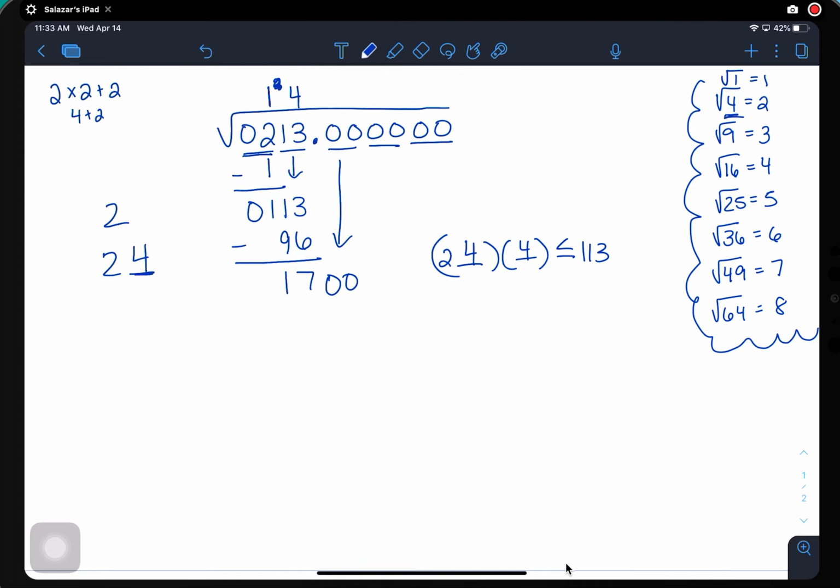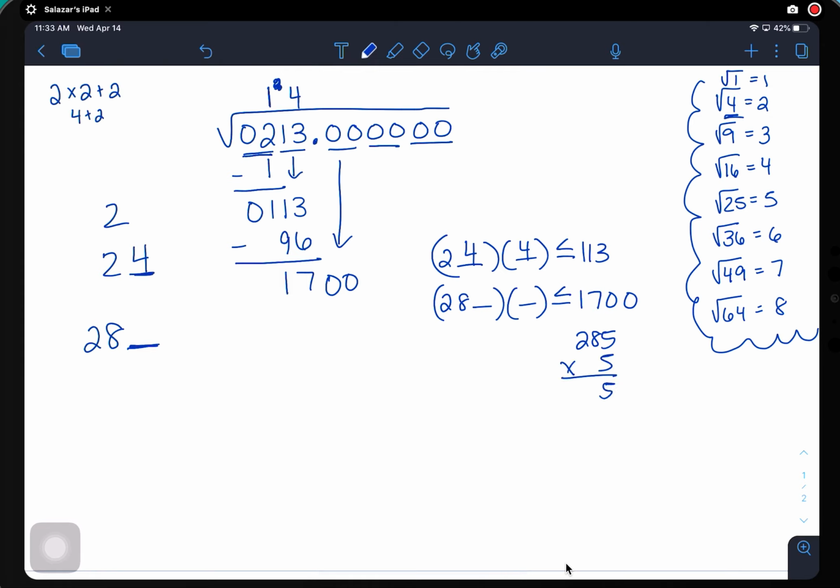So I have 24. I'm taking that 4, I'm going to double it, just like I doubled the 1 at the top to get the 2 originally. So double 4 is 8, and then I've got to get my new magic number. So this time I have 2, 8, blank, something times that same number is going to be less than or equal to 1700 this time. Okay, so I'm going to try 285 times 5.